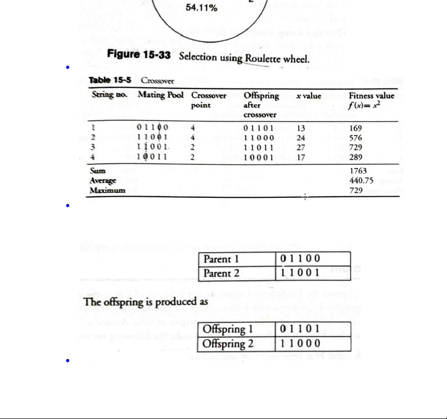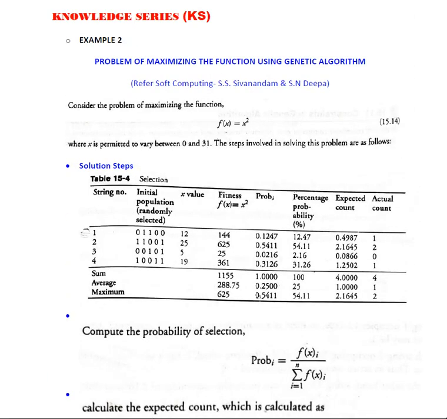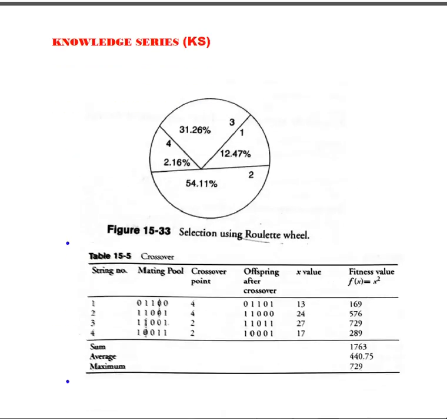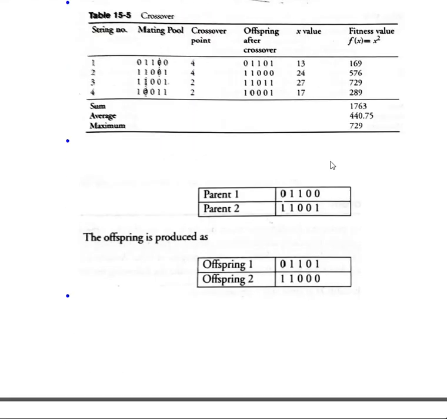Now this new value is the one we are applying to f(x) = x square, the way we had taken here. The previous value was this one. Now we have got a new value, and here we are creating f(x) = x square. We have taken a sum, we have taken an average, and we have maximized this one.